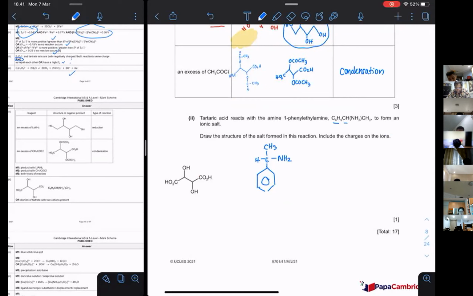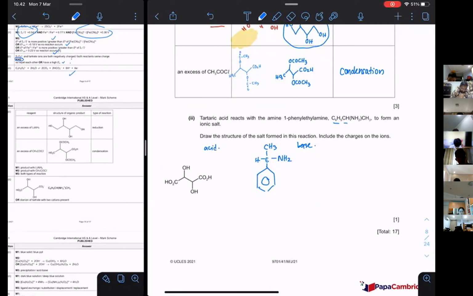Draw the structure of the salt that is going to be formed in this reaction. So of course, this one is going to be amine, and the amine is the one that is going to react. So the amine is going to react with what? This is very important. Amine is a base, so it is going to react with acid.